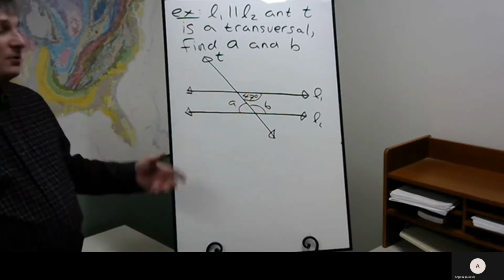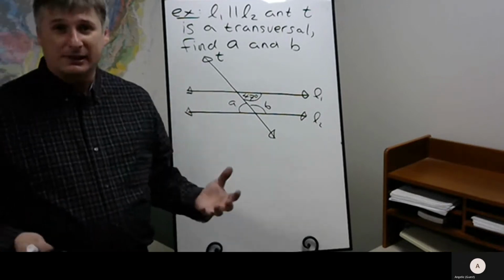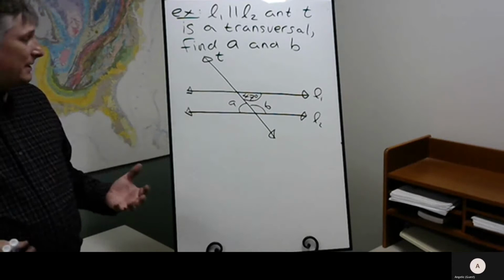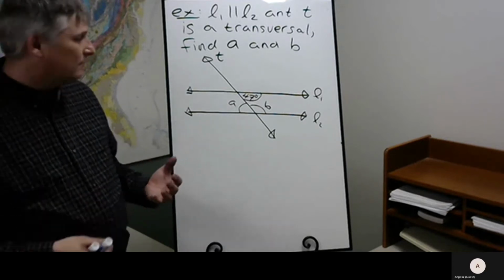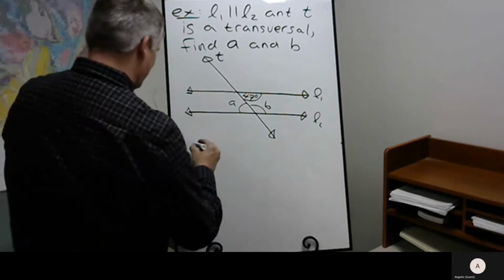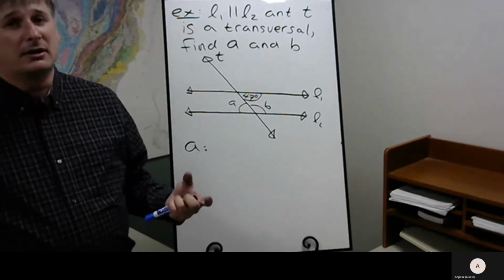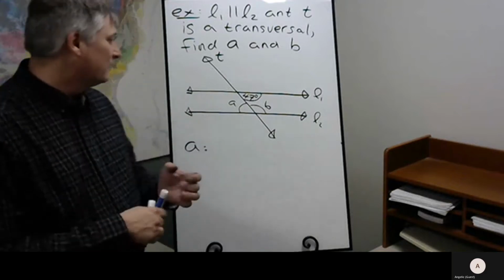So L1 and L2 are parallel. And then we have a line or a transversal T. So that being the case, we want to find A and B. Well, first off, let's take a look at A. A is between the parallel lines, so that means it's interior.